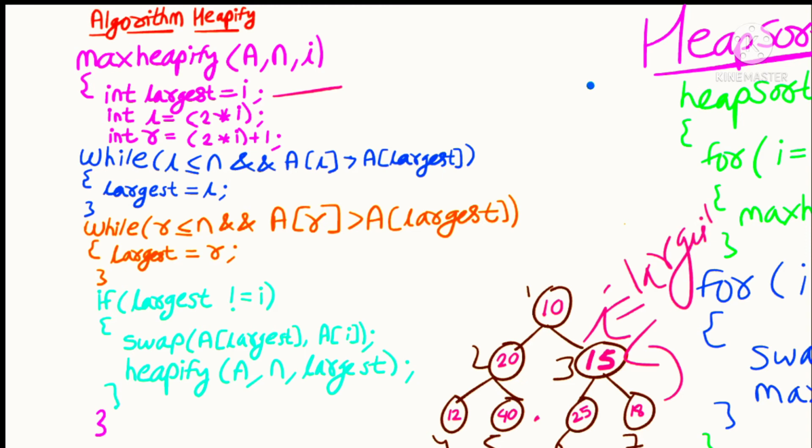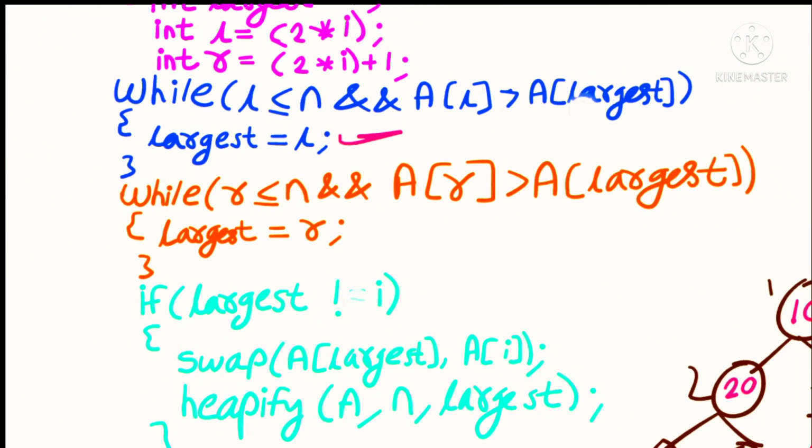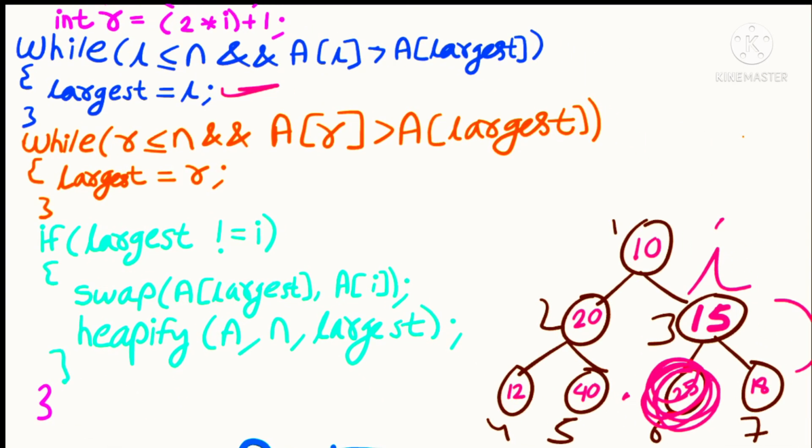Okay, then what is its left child? 2 into i, and the right child is 2 into i plus 1. This all thing we know. So the first while loop, while the left child l is less than or equal to n, and the element in a at left is 25, if it is larger, we will declare it as largest. So this i which was largest gets replaced, and largest is equal to l. If not this, we will look to the right side.